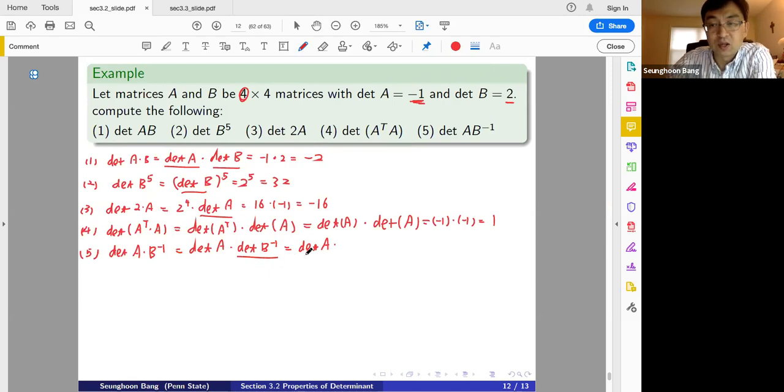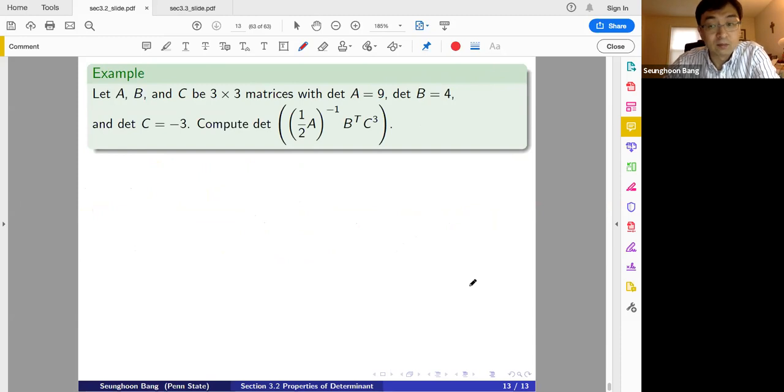We can use the property, it is exactly 1 over the determinant of B. The determinant of A is -1, times 1 over the determinant of B, which is 2. The answer is negative 1 over 2. So that's it. This is the whole idea for solving this problem.